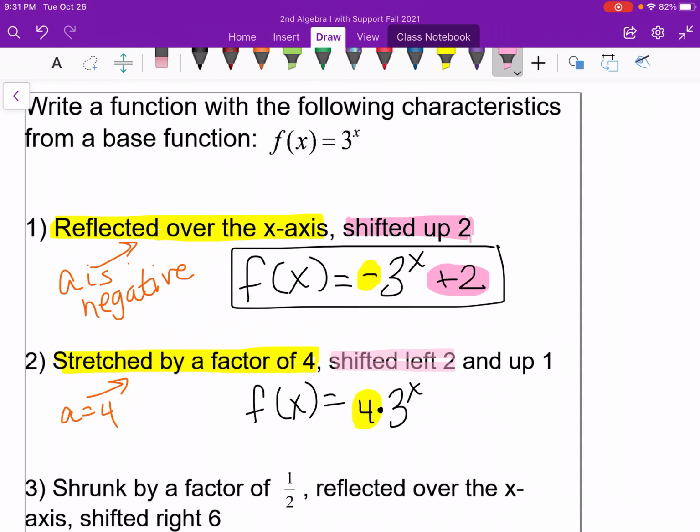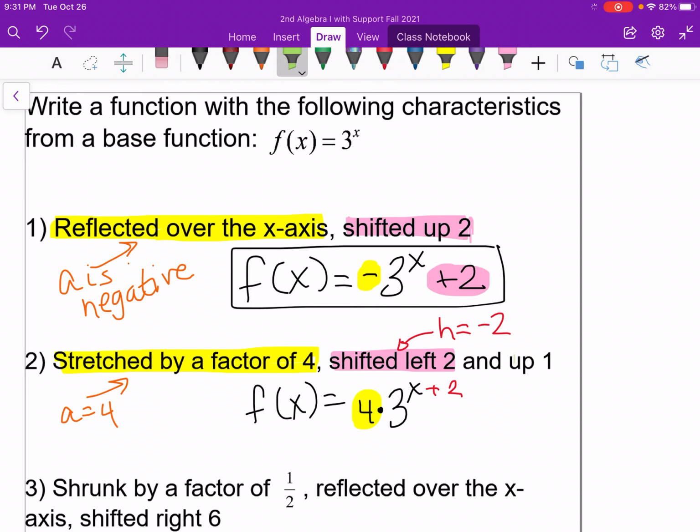It's been shifted left 2. So left and right is h. So that means that h is minus 2, but it's going to say x minus negative 2, which would be x plus 2.